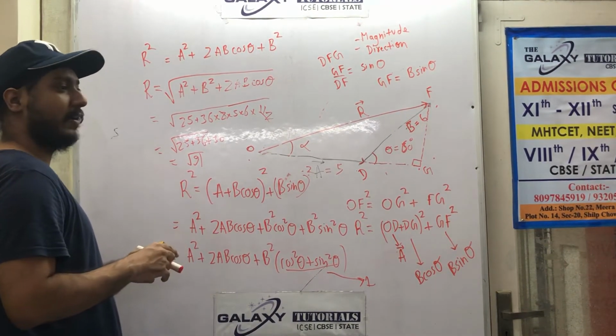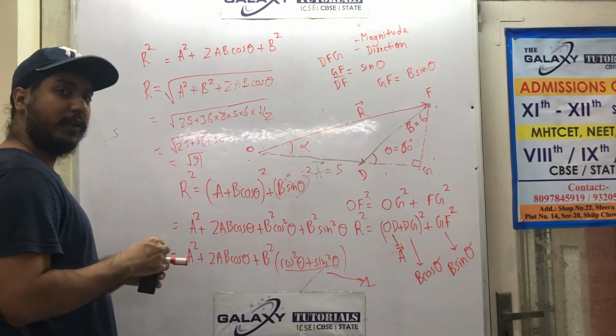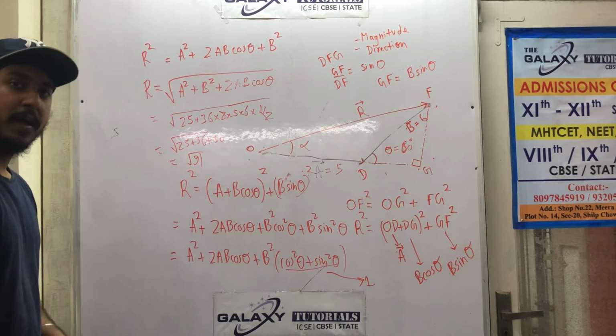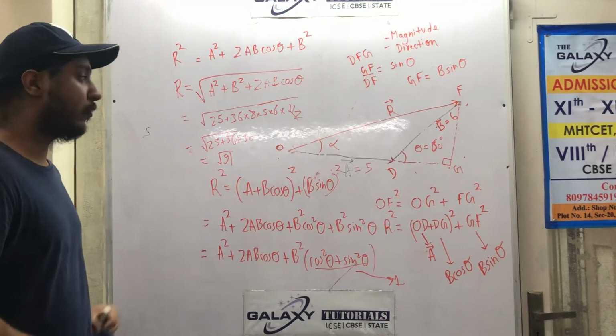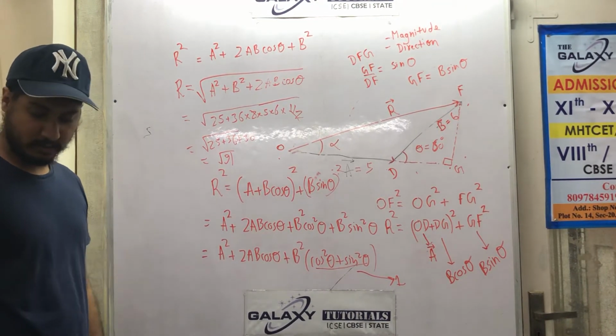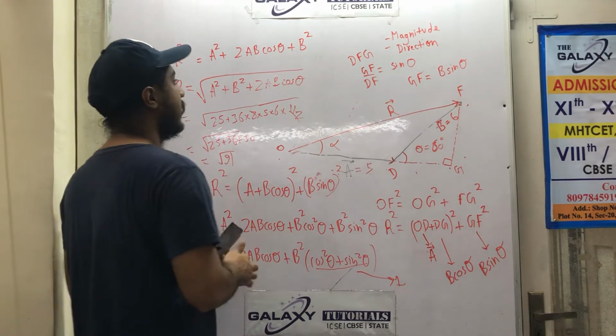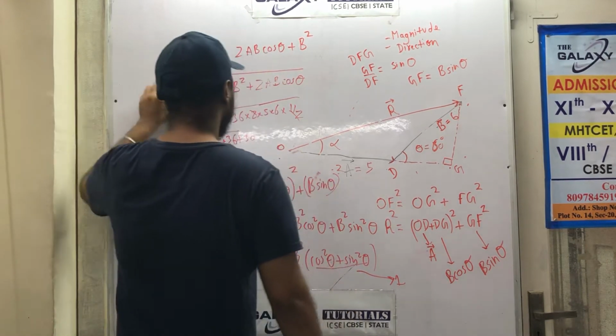So now we will find the next thing. The first thing I told you that we have to find was the magnitude. Now the second thing we are going to find out is the direction. So we will now find the direction.